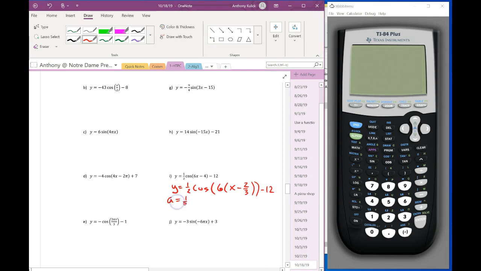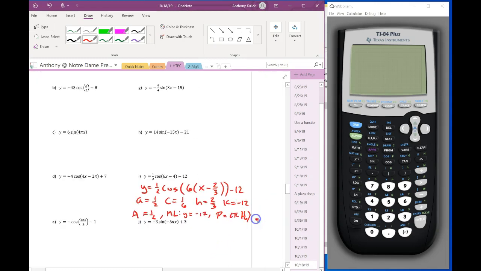So I know that A is 1/2, C is the reciprocal of 6, H is 2/3, and K is -12. My amplitude then is the absolute value of A, 1/2. My midline is y equals k. My period is 2 pi times the absolute value of c, which is 1/6. That simplifies down to pi over 3.